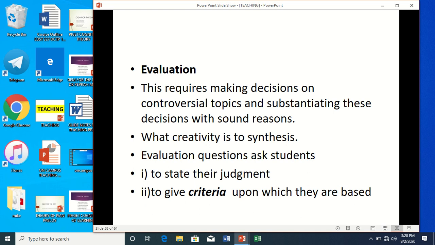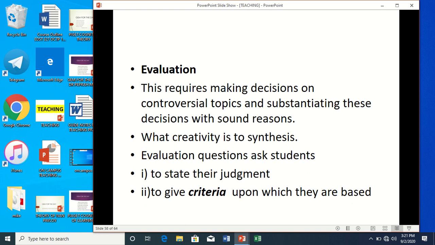So as teachers, when we are teaching our children to make evaluation, we must teach them, bring them up so they can substantiate what they say with sound argument and reasons. We don't just say any blanket statement and that is it. We need to substantiate.